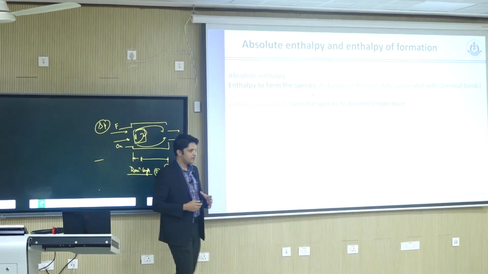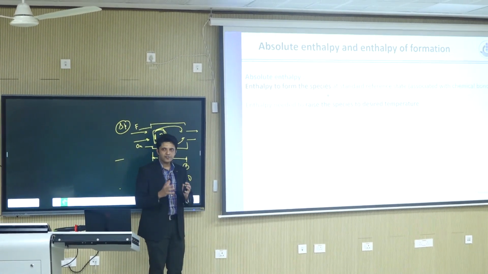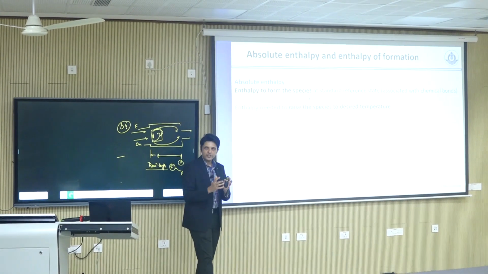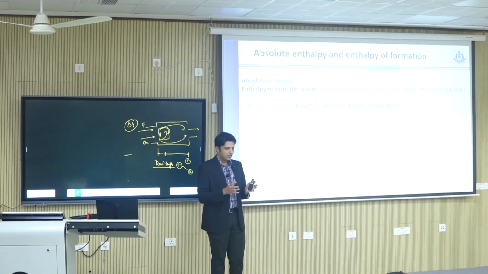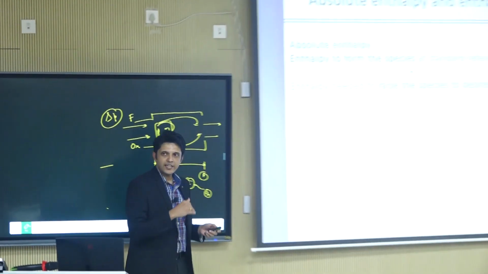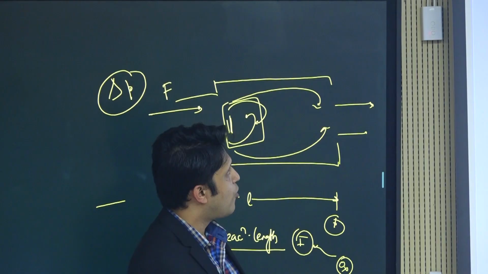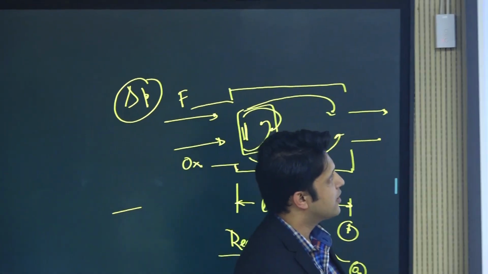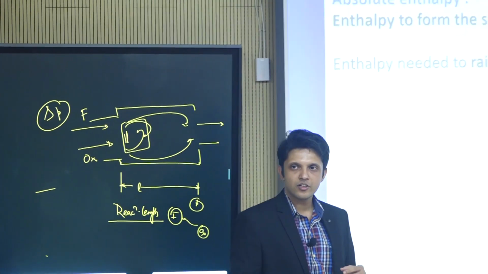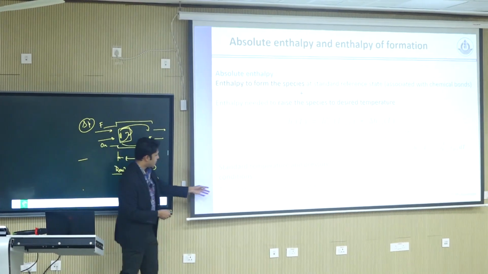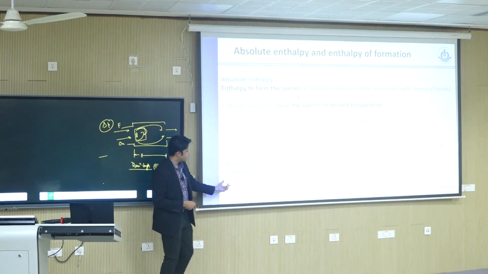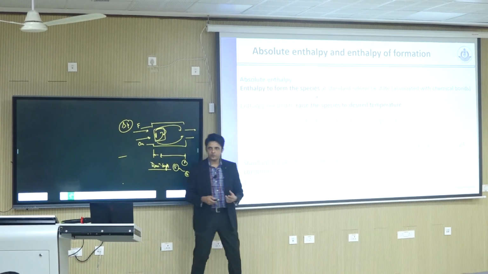To be more precise, let's say you have a certain amount of gas, some fuel or oxidizer, it could be anything. It is the amount of energy required to form that species at standard reference conditions. Reference conditions means temperature of 298.15 Kelvin, the standard reference temperature, and a reference pressure of 1 atmosphere.